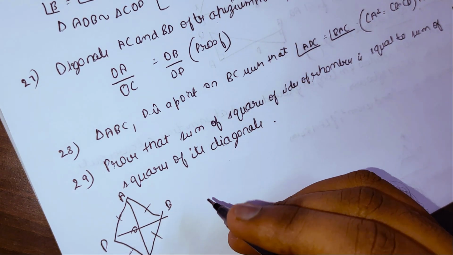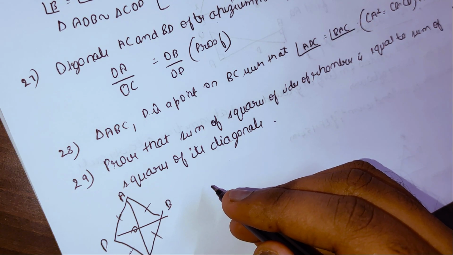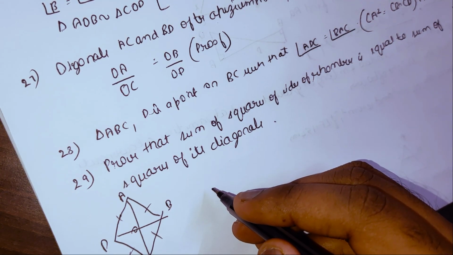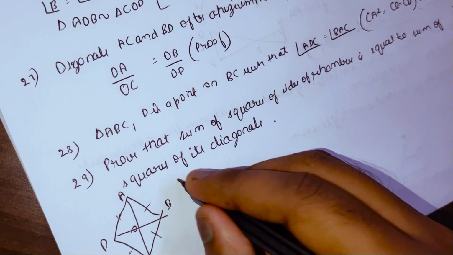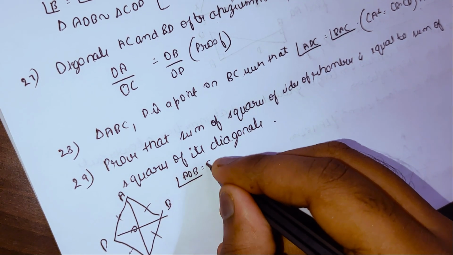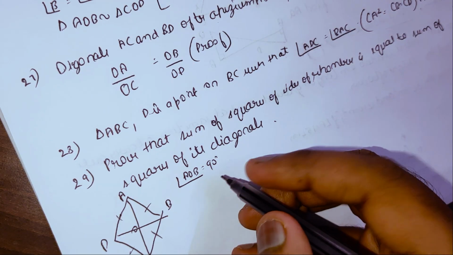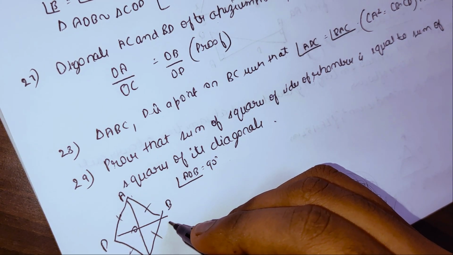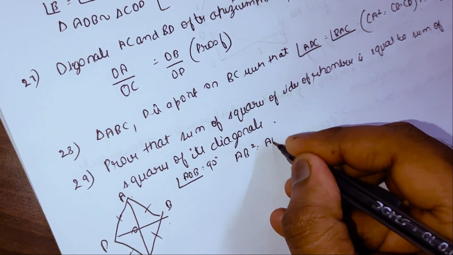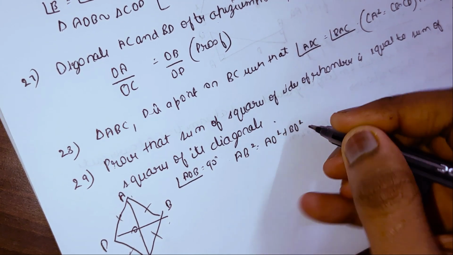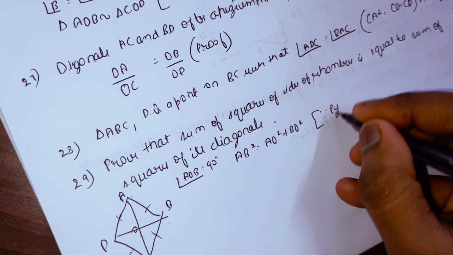Here it is given that the sides of a rhombus are equal. So diagonals AC and BD intersect perpendicularly at O. Angle AOB is 90 degrees. In this right angle triangle AOB, AB square is equal to AO square plus BO square by Pythagoras theorem.